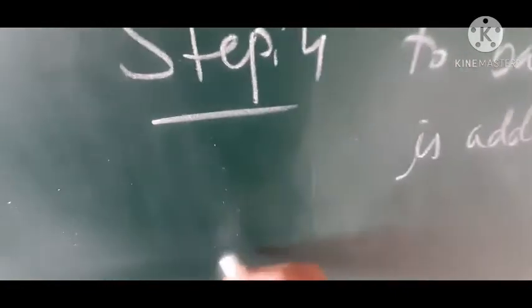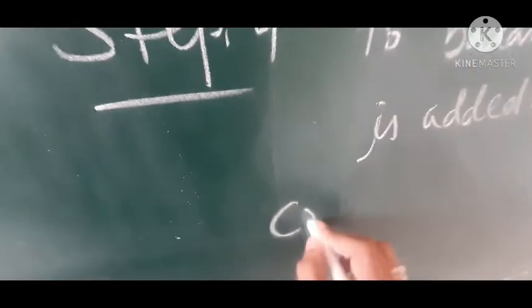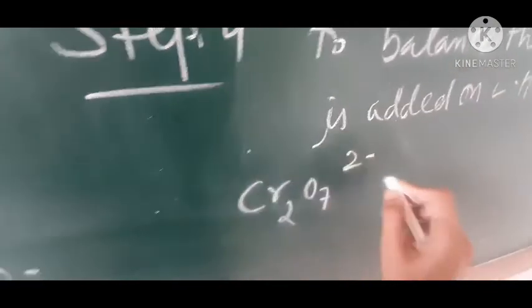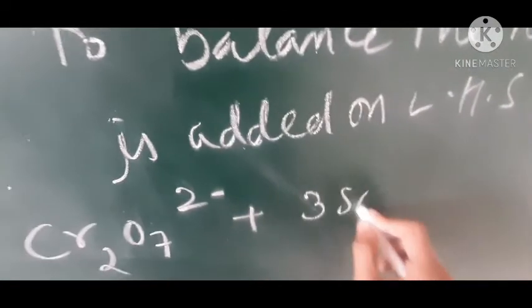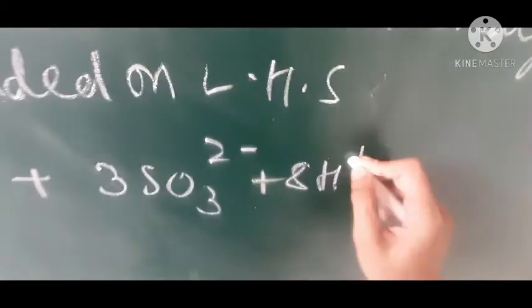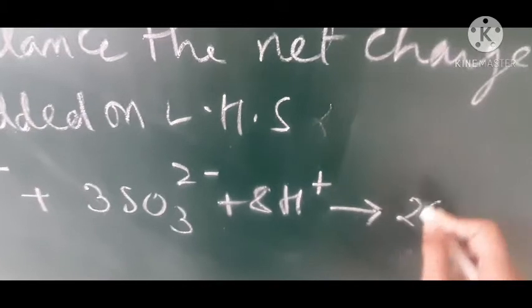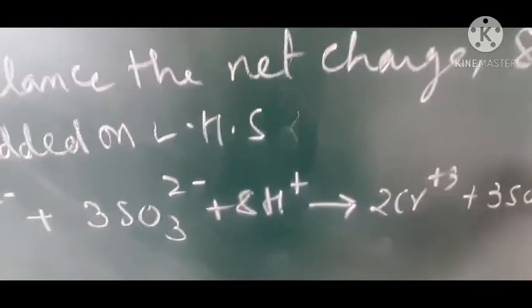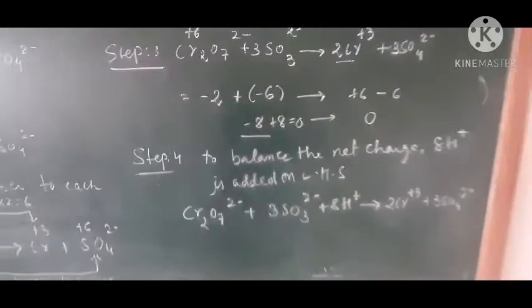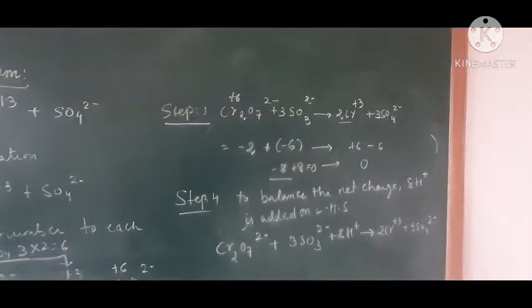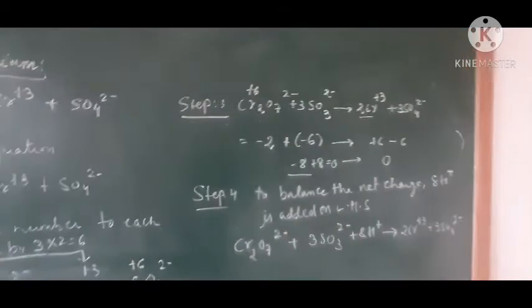So now the equation is Cr2O7 minus 2 plus 3SO3 minus 2 plus 8H plus, which gives 2Cr plus 3 plus 3SO4 minus 2. You can have a look that the net charge is equal.